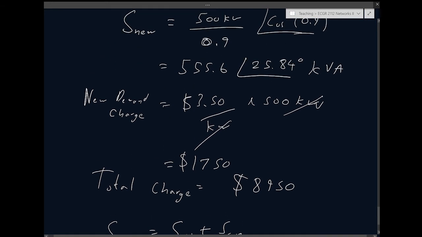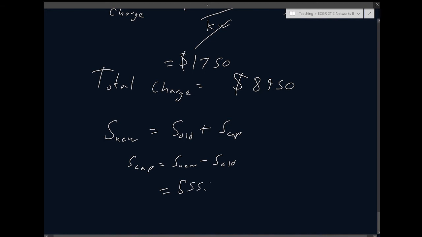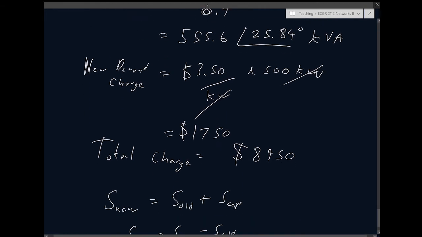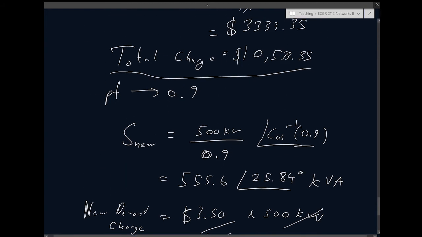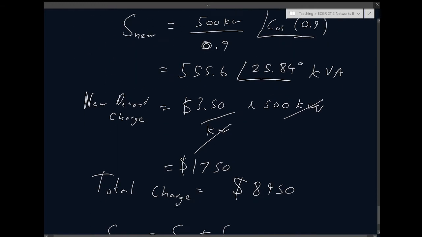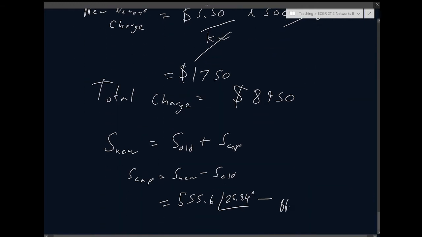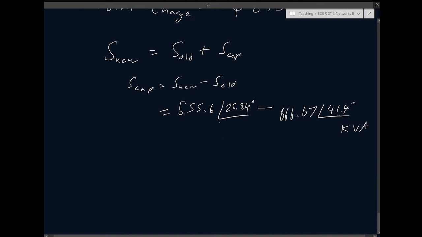S new is 555.6 with an angle of 25.84 degrees, minus S old, which is up here, 666.67 with an angle of 41.41 degrees kVA. Okay, and then we want to do this calculation. We have to turn this from polar to real. So I take 555.6 cosine 25.84 minus 666.67 cosine 41.4 degrees.